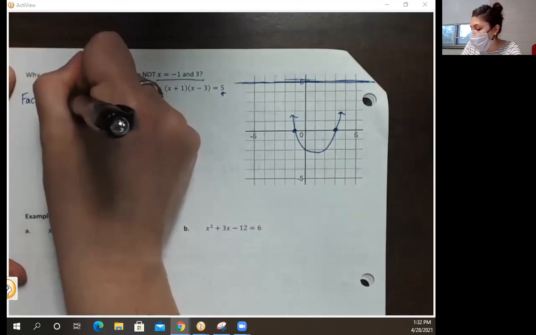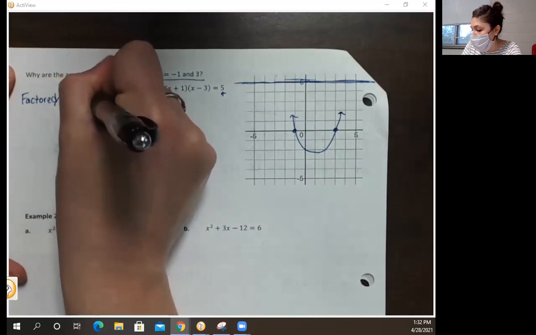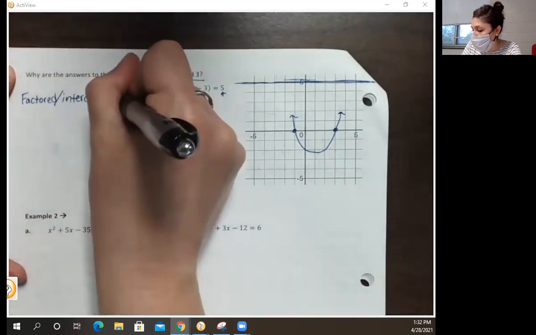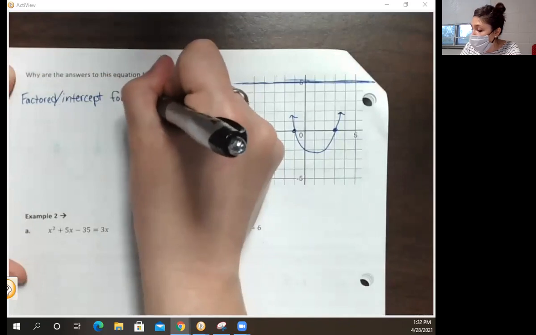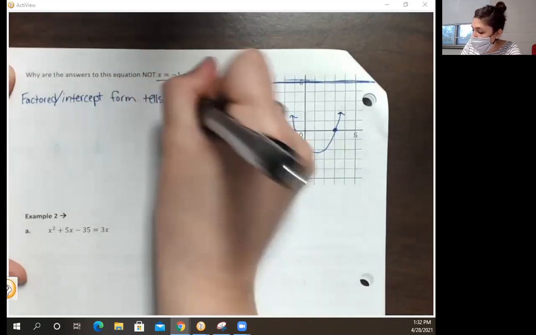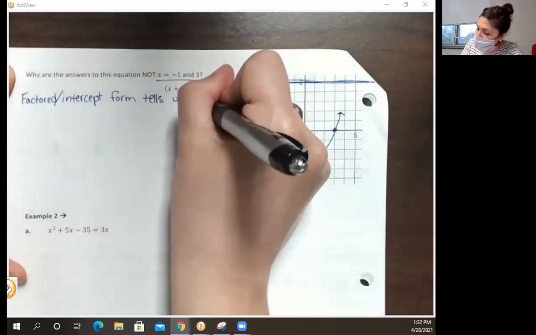or intercept form tells us x-intercepts.